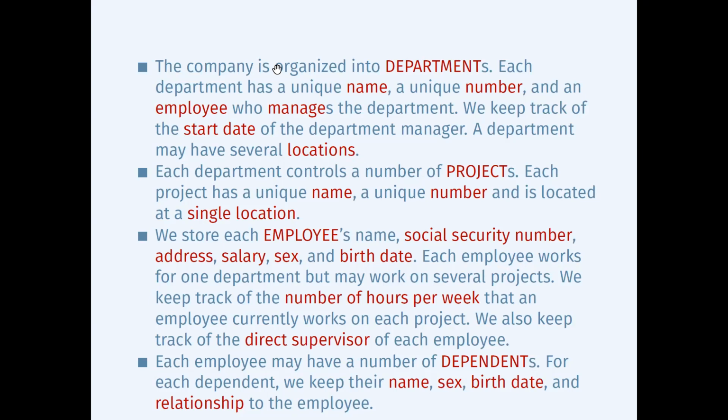For example, if you read this line from the first paragraph, an employee who manages the department, you see, an employee will manage the department. That means we talk about a relationship between the employee as well as the department.